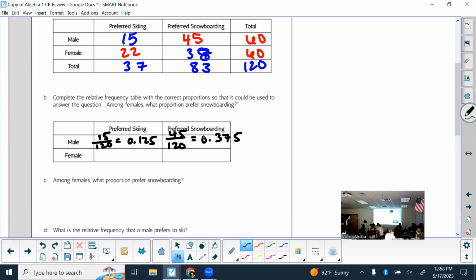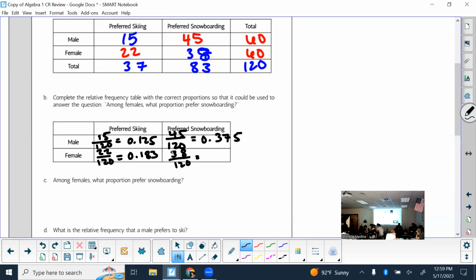Okay. Female ski, what am I dividing? Good, and that equals 0.183. Okay, and then 38 divided by 120 is gonna be this one.